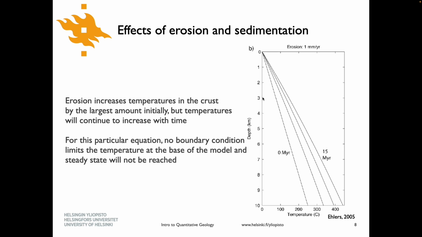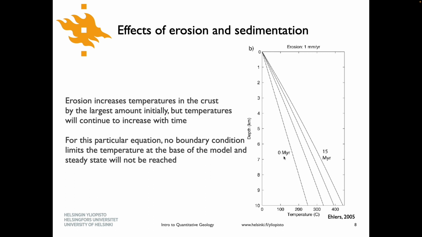But in essence, what you see, for instance, with erosion, is if we look at a plot like this of a geotherm, so this is just showing from over 10 kilometers depth in the crust, the temperature along some line that starts initially going from the surface perhaps down to 250 degrees. What you can see with erosion and as a result of exhumation and moving warm rocks up toward the surface with time is that the temperature gradient will increase over time while this exhumation process is taking place.